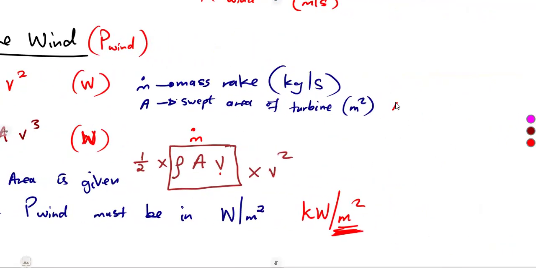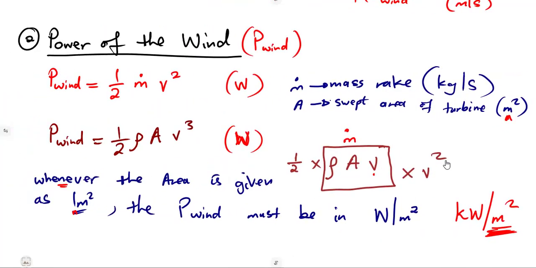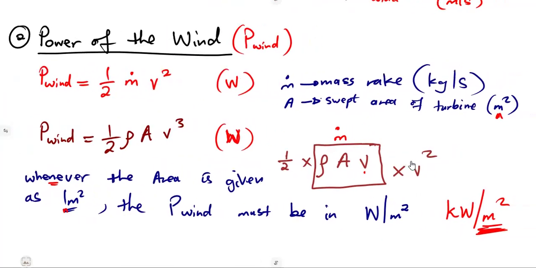Therefore, you calculate your swept area from there: from the radius, pi r squared; when given the diameter, pi d squared over 4. The radius or the diameter must be in meters for us to obtain what? Square meters. So sometimes you are not given that, and you have to calculate that area.